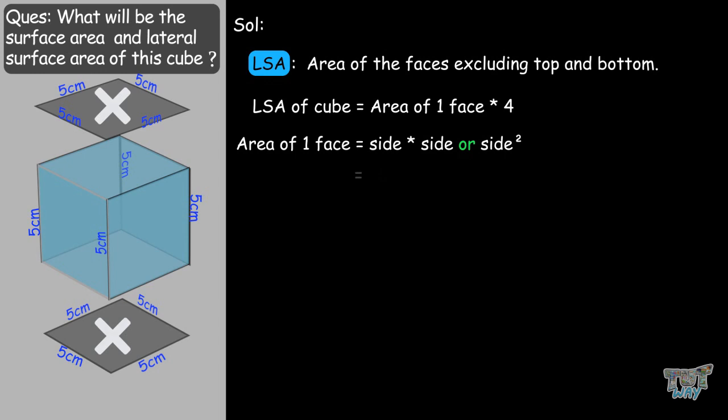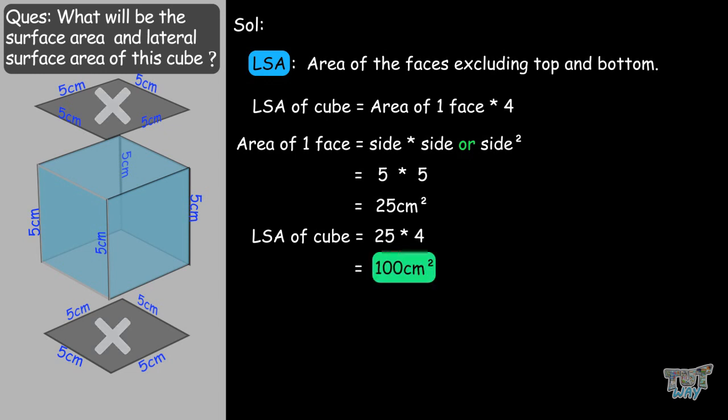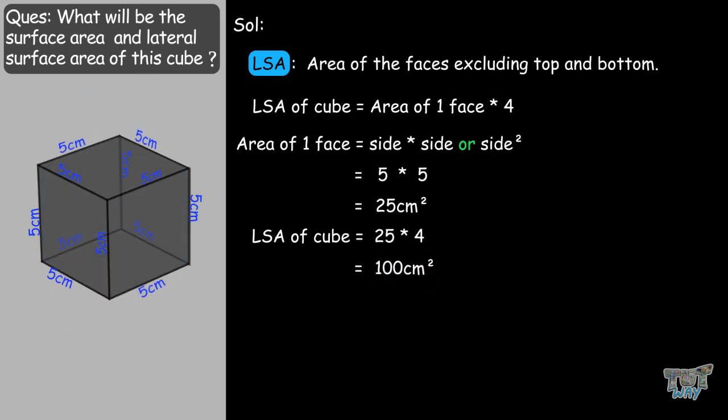So area of one face is side times side, or side squared. And the side is 5 centimeters, so area is 25 centimeters squared. Lateral surface area then becomes 100 centimeters squared. Now what is the surface area of the cube? Surface area is area of any face multiplied by 6.